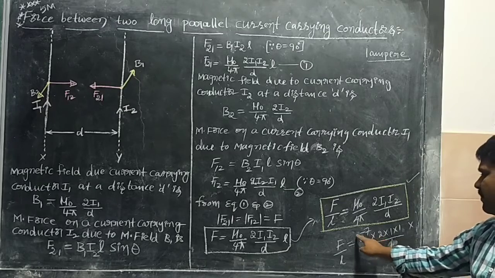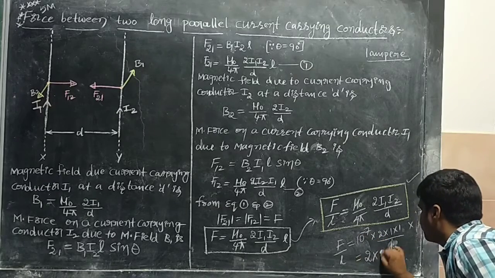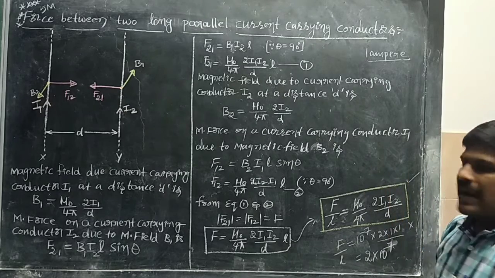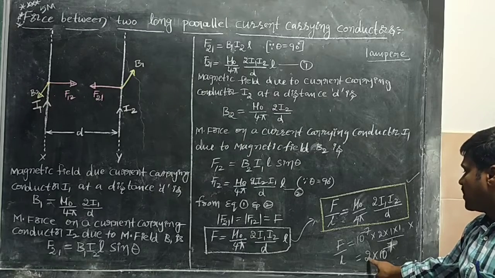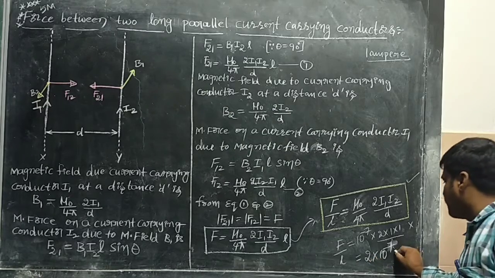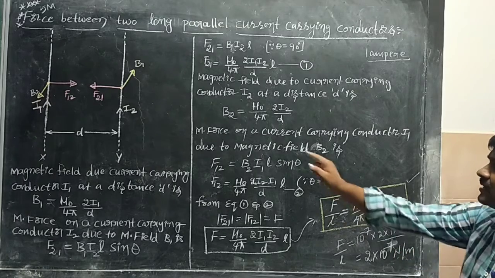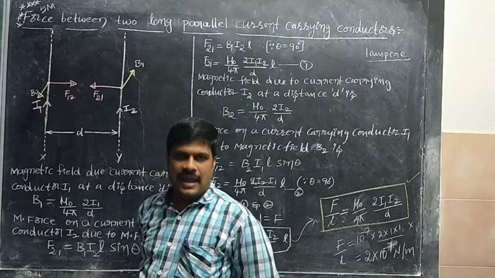And those two conductors experience a force of 2 into 10 power minus 7. The force experienced by the two conductors when separated by a distance of 1 meter is 2 into 10 power minus 7 Newton per meter. Then the current flowing through each conductor is said to be 1 ampere.